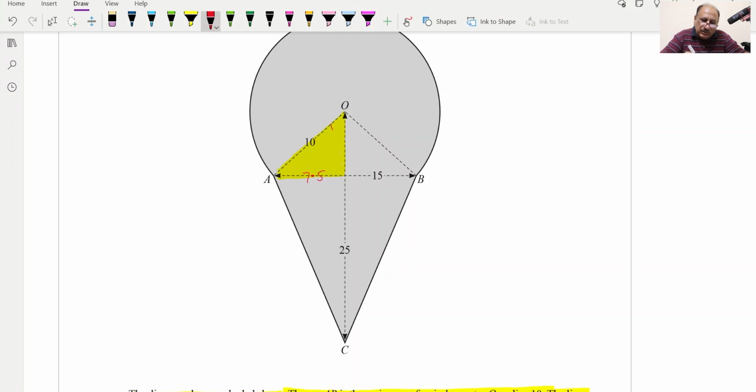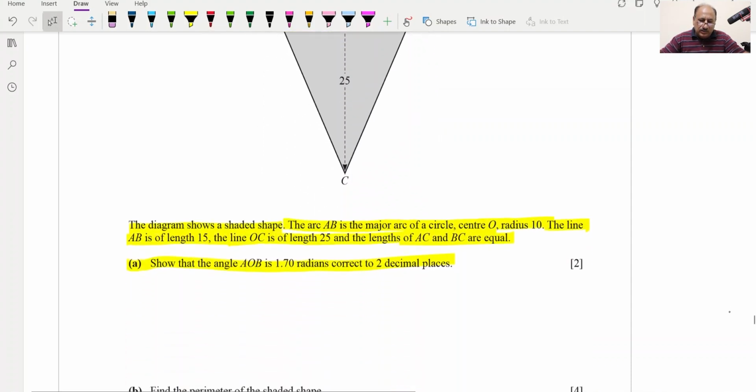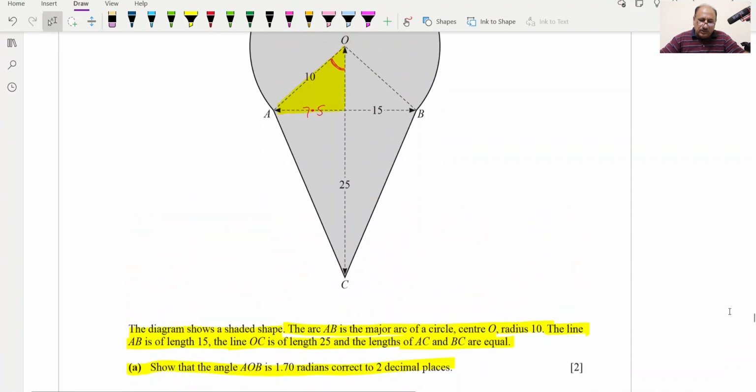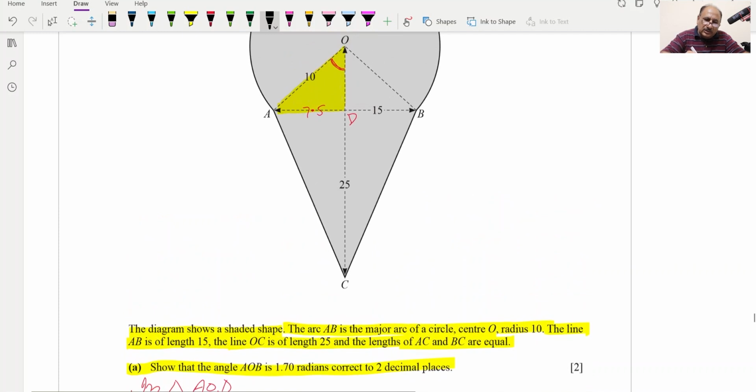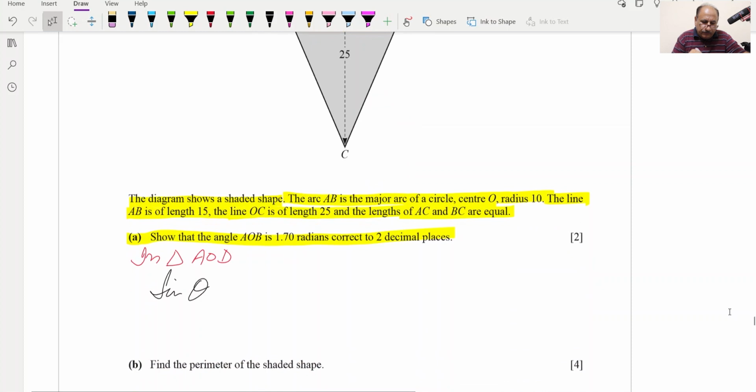So we can take this angle AOC, in triangle AOC. Basically we can take this point as D, so AOD. So we can write in triangle AOD, sine theta, we can take this as theta, sine theta is equal to 7.5 over 10.